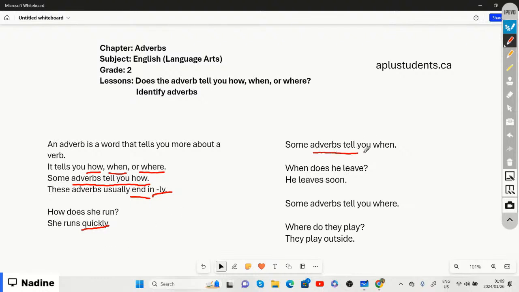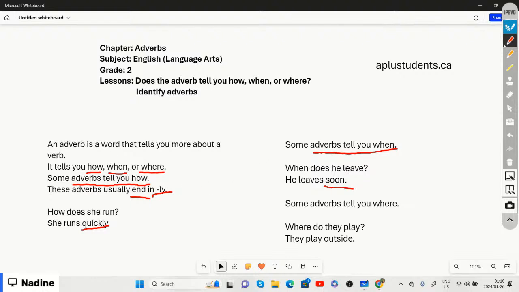Some adverbs tell you when. The question that's being asked is, when does he leave? And we can say he leaves soon. So our adverb is soon.